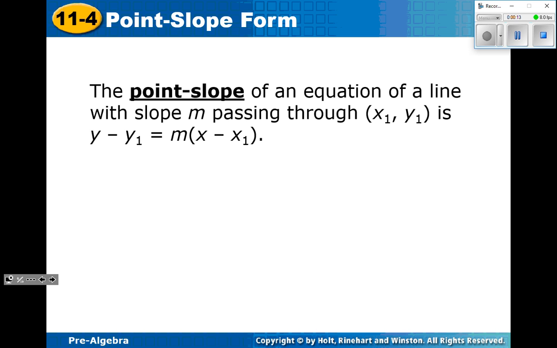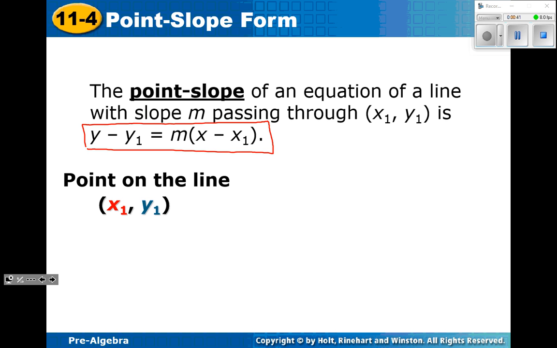It says the point slope form of an equation of a line with the slope m that passes through a point (x sub 1, y sub 1) is this formula. You need to go ahead and put this in your notes. y minus y sub 1 equals m times the quantity x minus x sub 1.